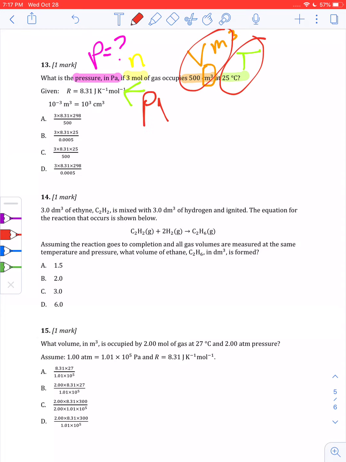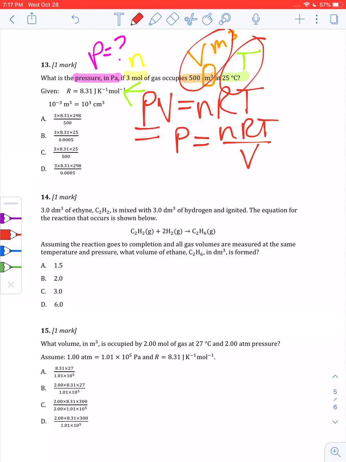After that, it's really easy. It's just plugging it into the ideal gas equation, which from your notes, is the one where PV equals nRT. And since we're solving for pressure, we would rearrange it to say P equals nRT over V. And so we're looking for the one that's going to have moles, n, on top, R on top, the temperature on top, and the value for the volume on the bottom.